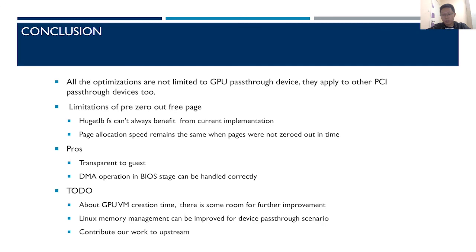Its current implementation is not friendly to hugetlbfs file systems. Extra work is needed for this case. And there is a cold case. If the free pages are not zeroed out in time, it may lose the effect of boosting things up. So it's far from perfect.